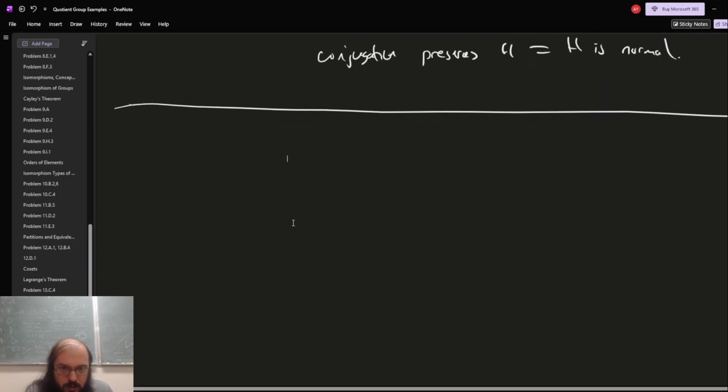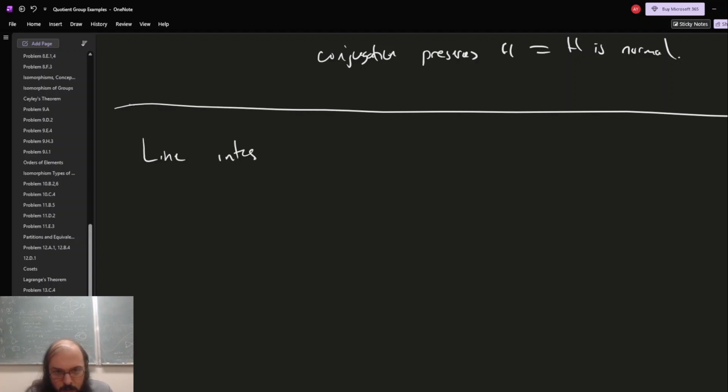So we recall, let's think about line integrals in vector calculus. When you have two different paths, right? A line integral takes in, you have something you want to integrate. I'll just call it f. And then you integrate it over a path.